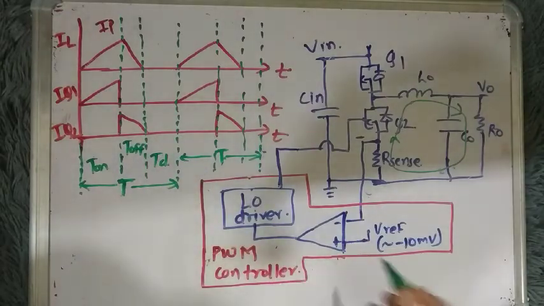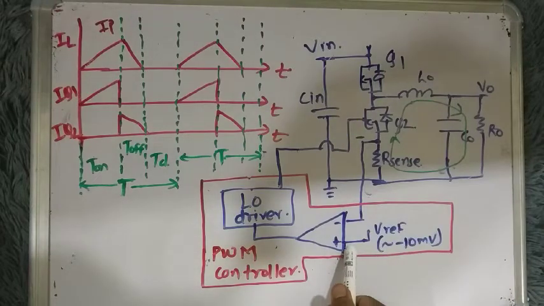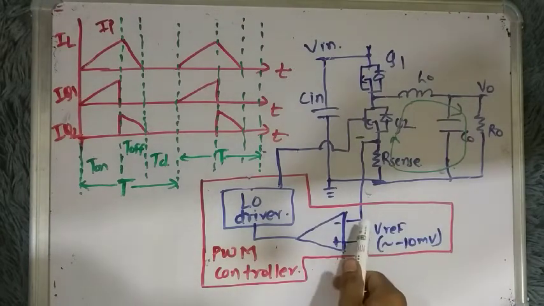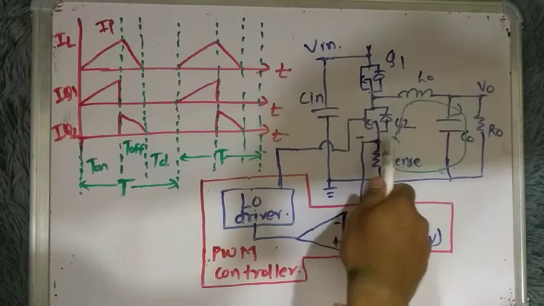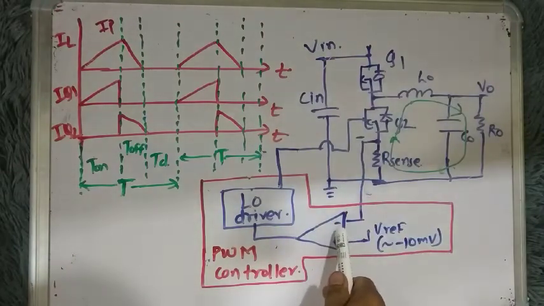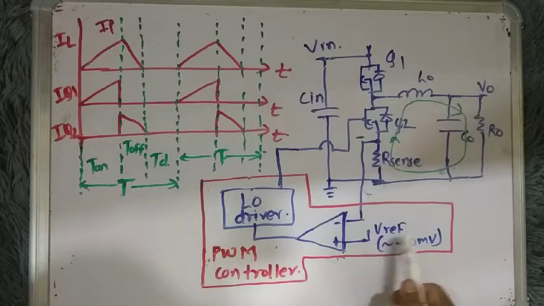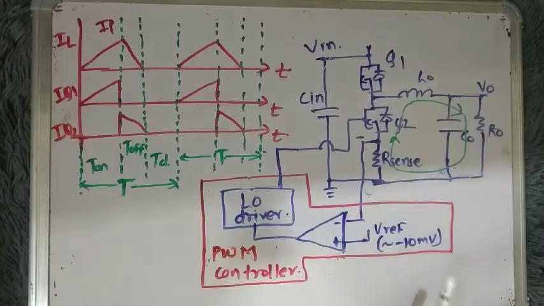Since this is a negative voltage and the other is positive, the negative voltage developed across the RSense resistor is given to the inverting input of the comparator, and the non-inverting input is roughly given the reference voltage, which is always less, around minus 10 millivolt.